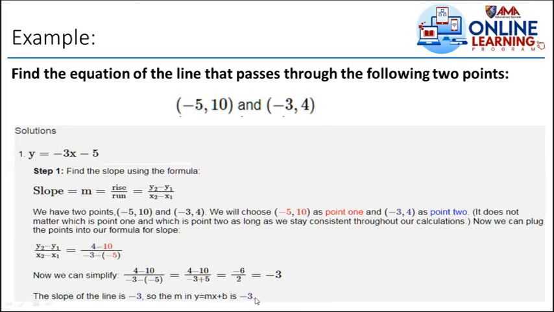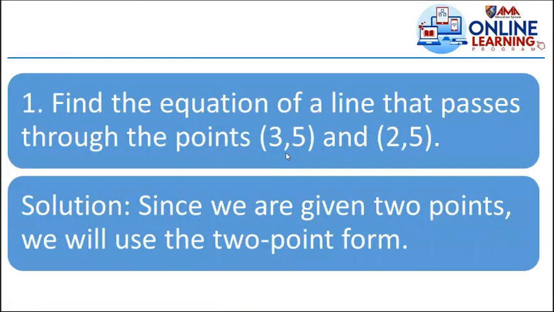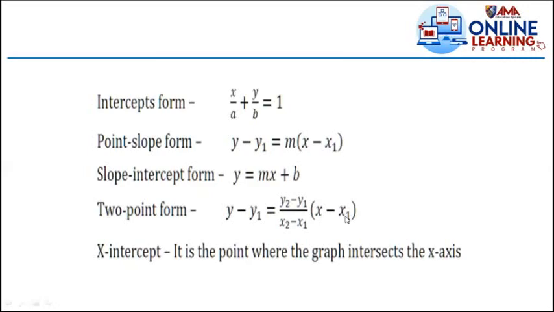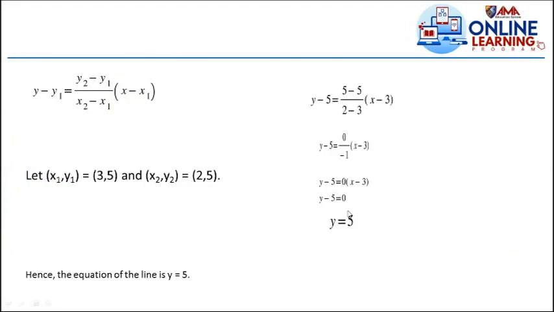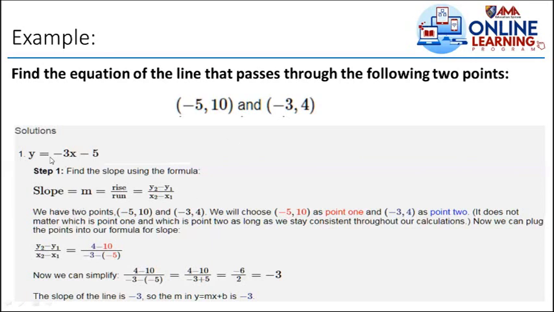The answer is -3. So, we have -3, ito na yun, no? X minus 5. Your x minus 5, that is your formula dito, no? X minus x1. Okay? So, we have minus 5. So, your answer is y is equal to -3x minus 5.